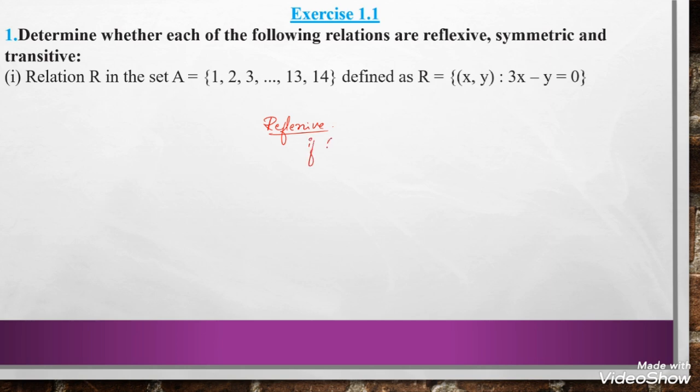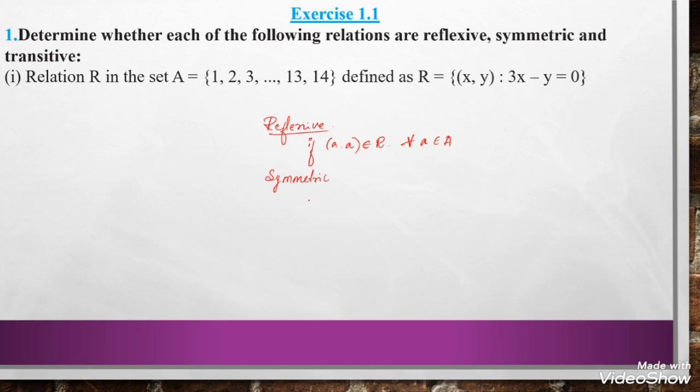If an element of A is related to itself, that is, if a is an element, it is related to itself for every element a belonging to the set A, where A is any set, then this is called reflexive.